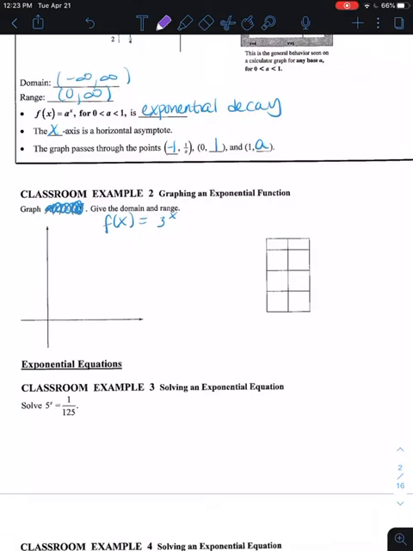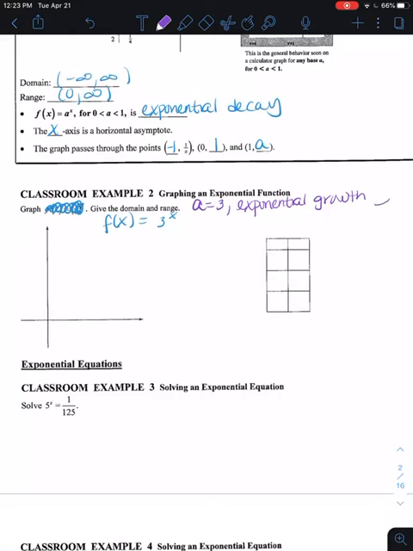I'm changing this example because they already have the graph sketch for 1/2 to the x power above. Looking at this new function that I created, f of x equals 3 to the x power, a equals 3. Because 3 is a number that's greater than 1, this is going to be exponential growth.